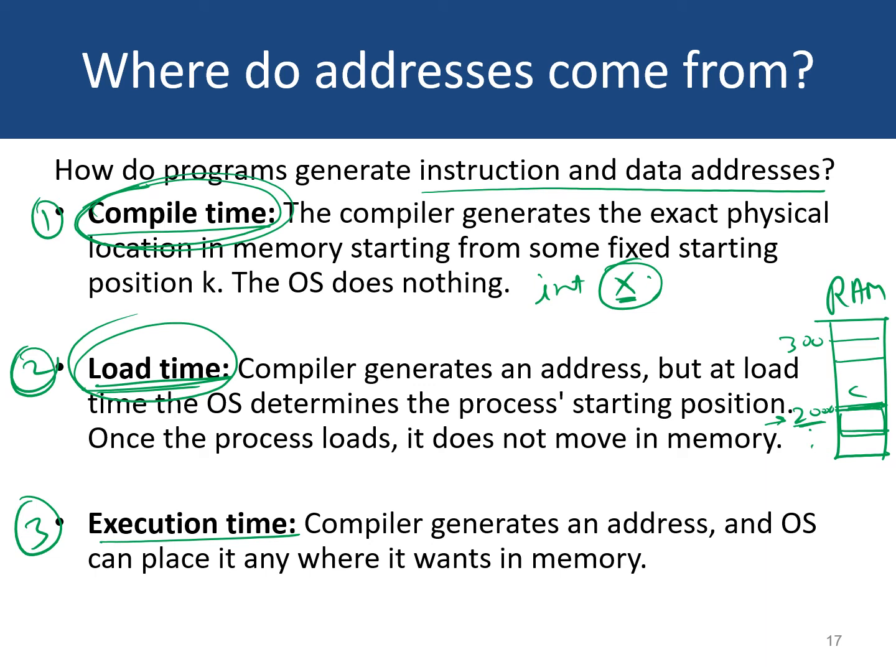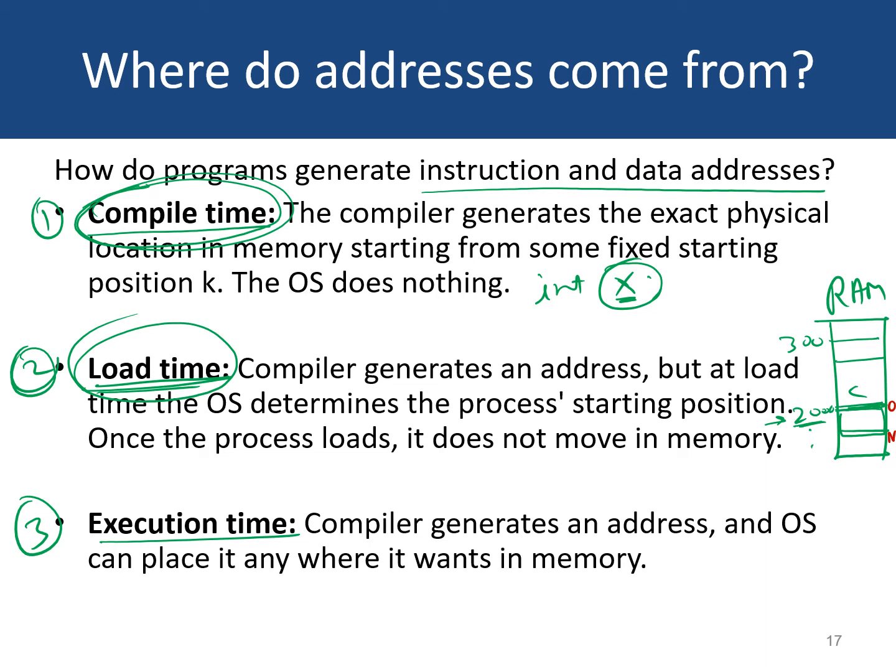Recall the virtual addresses are generated starting from address 0 to some value n depending on the size of the process. So the compiler will make this simplifying assumption that the process will start from address 0 in the main memory, and it will only generate virtual addresses relative to the beginning of the process itself.